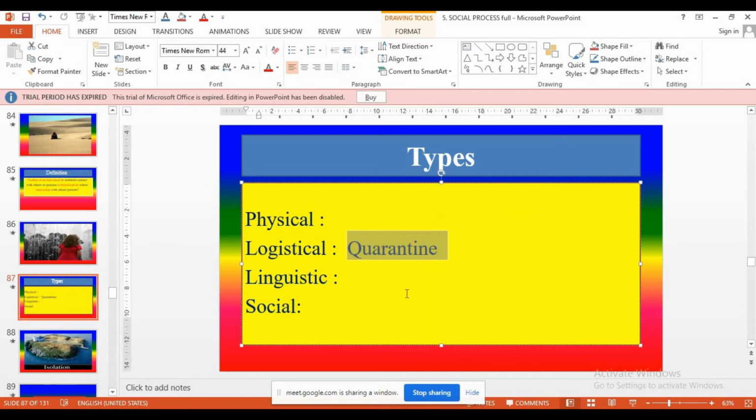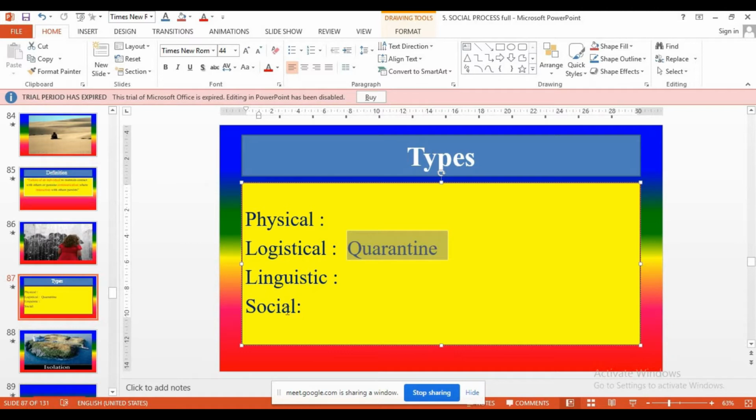Then linguistic isolation. We are Tamil. When we go to Delhi, New Delhi, and don't know Hindi, what will happen? We are separated from those people due to language. So this is linguistic isolation, due to language factors.